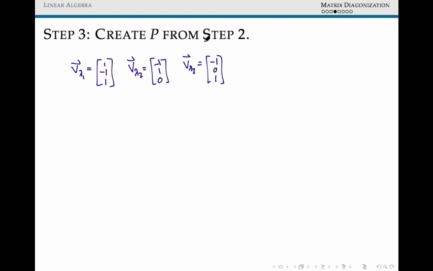All right, now that we have our three linearly independent eigenvectors from above, we can calculate P by just placing each of those eigenvectors as a column in our new matrix. So this 1, -1, 1, -1, 1, 0, and -1, 0, 1, this is going to be our matrix that we'll use to construct our diagonalization.